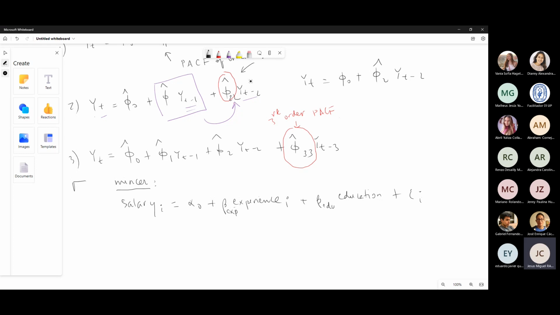So the problem if you don't include this gender variable in this equation is that the effect of the gender will be carried here and also here.